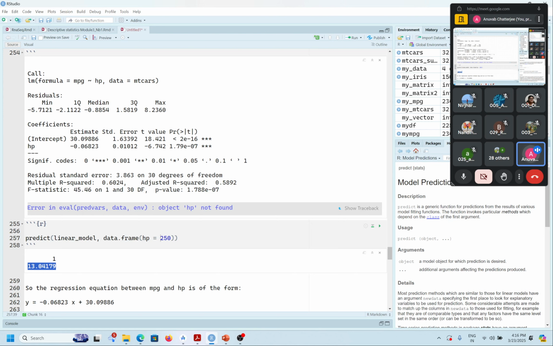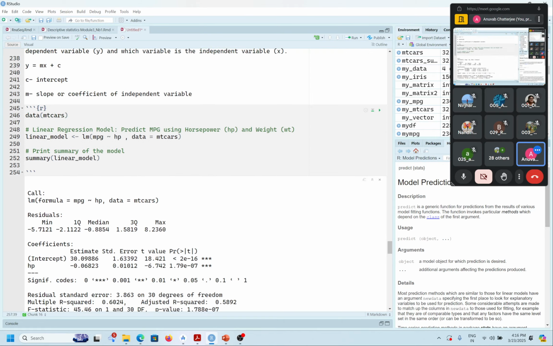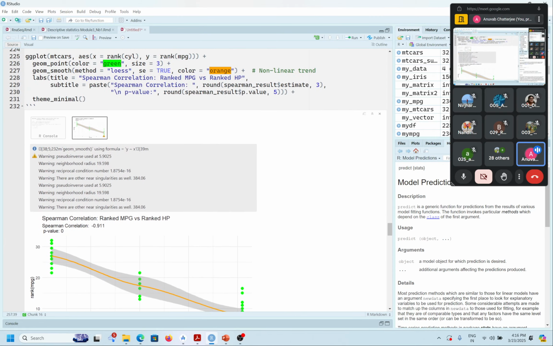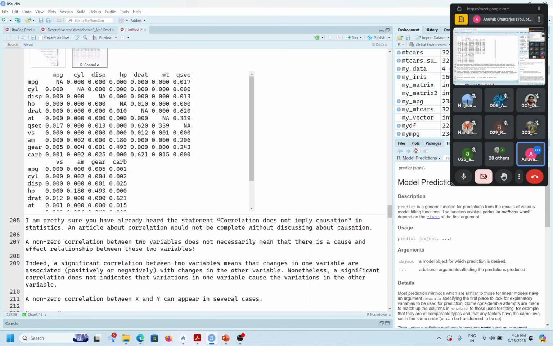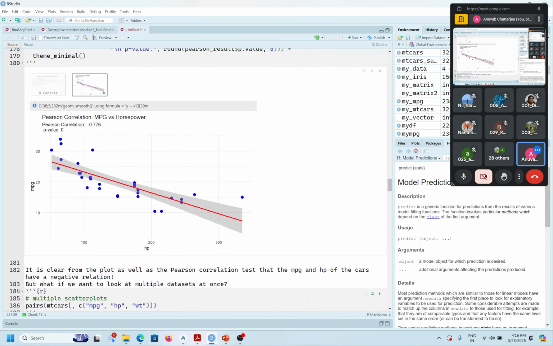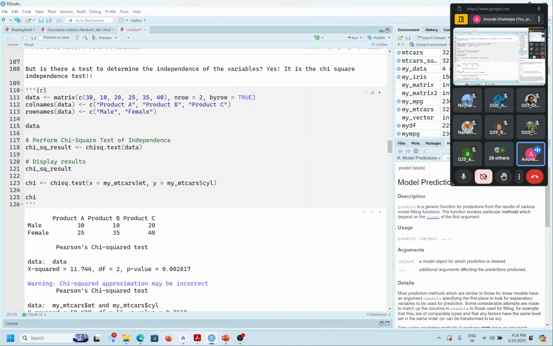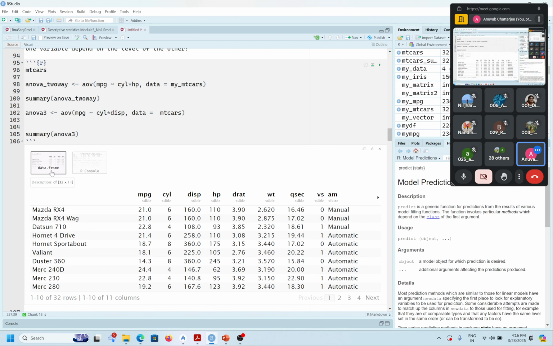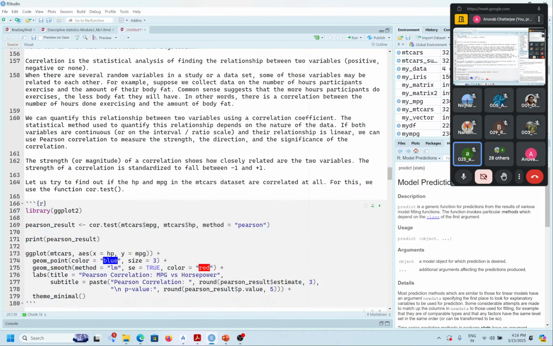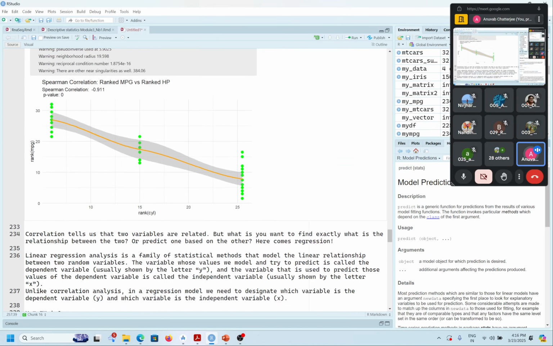Did everyone understand this? Are we on the same page, guys? Hello? It is not running slowly. Why is it not running?